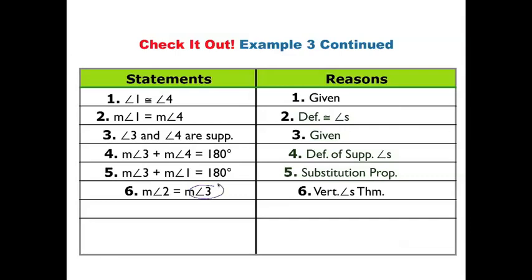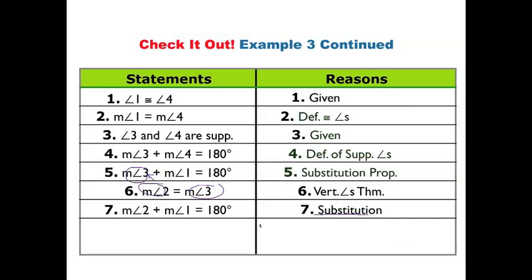So wherever I see the measure of angle 3, I can plug in the measure of angle 2. Well, I see the measure of angle 3 back here in step 5, so I'm going to plug in the measure of angle 2 for it, which is going to give me a new statement that the measure of angle 2 plus the measure of angle 1 equals 180. And again, that was substitution.